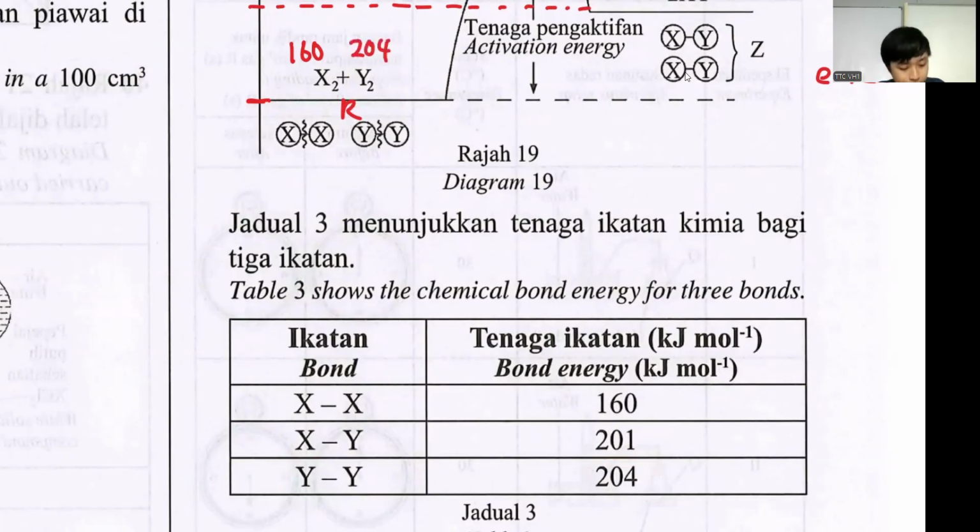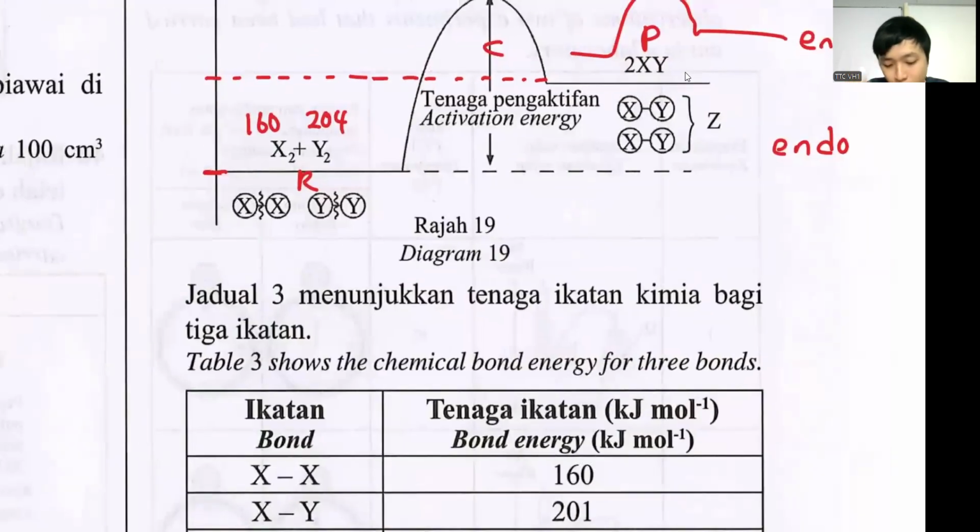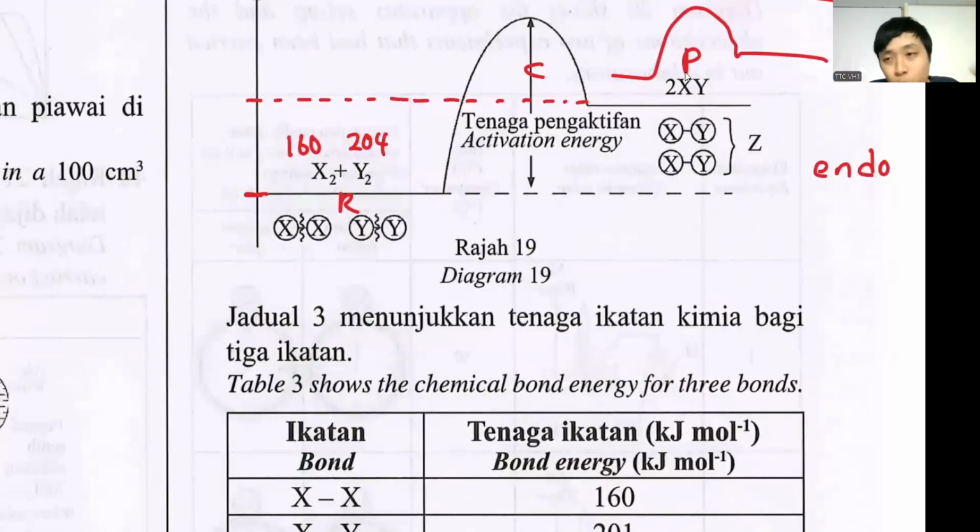The YY bond is 204. So in this case, you add together these two: 160 plus 204, then you will get 364. Okay.